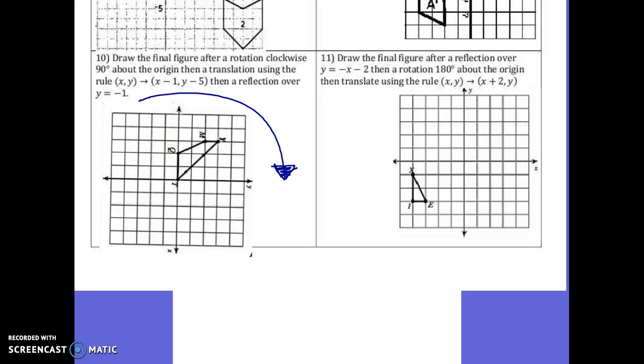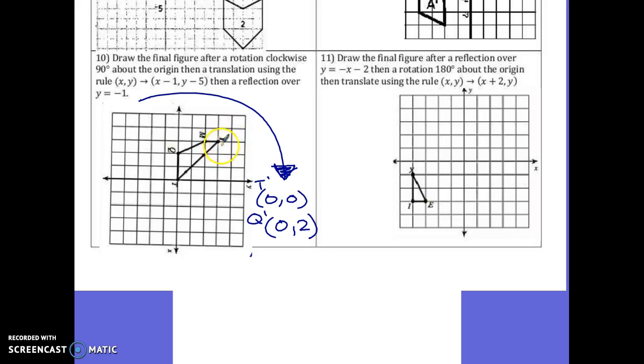So let's see, T is still 0, 0, so I know I have 0, 0. We got Q. Q becomes, now it's on the y-axis, looking at it turned, so that's 0, 2.